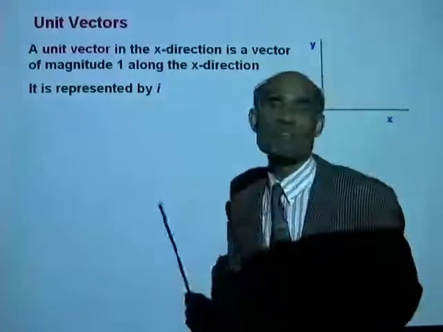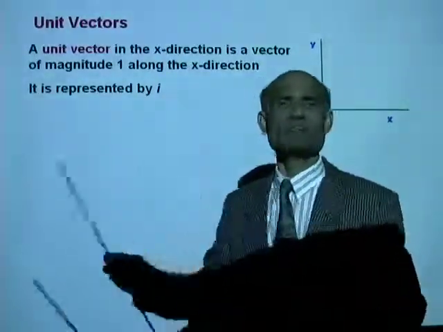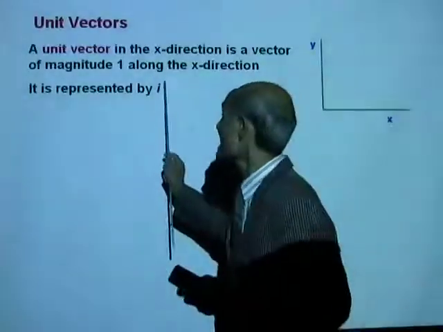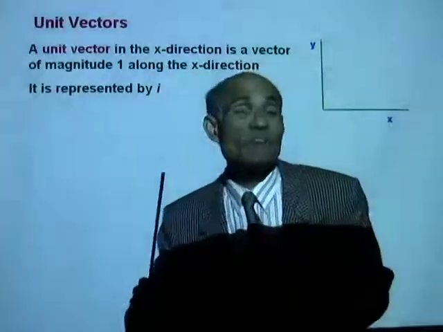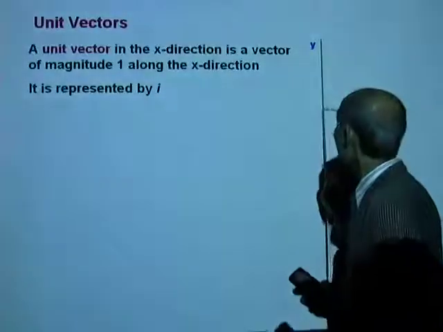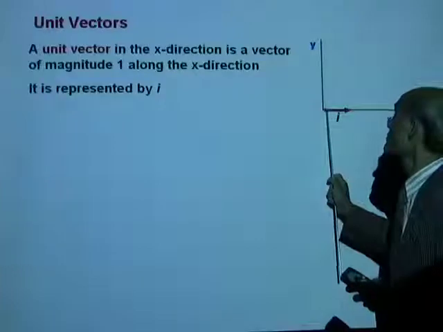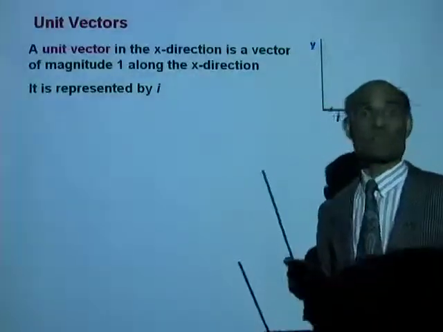Sometimes I italicize it, sometimes I forget, but that is the normal way to write a unit vector. So what does i stand for? i is a unit vector in the x direction. It is a vector of magnitude 1 in the x direction.